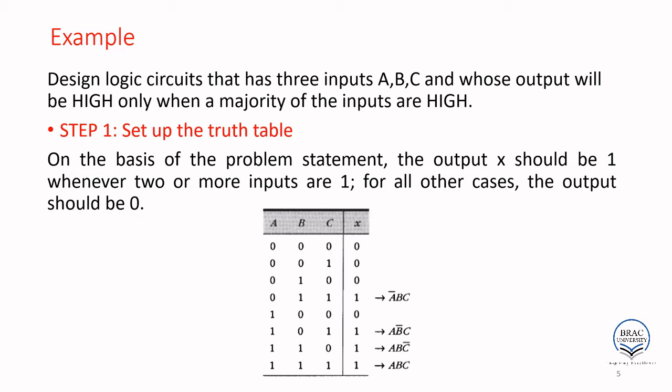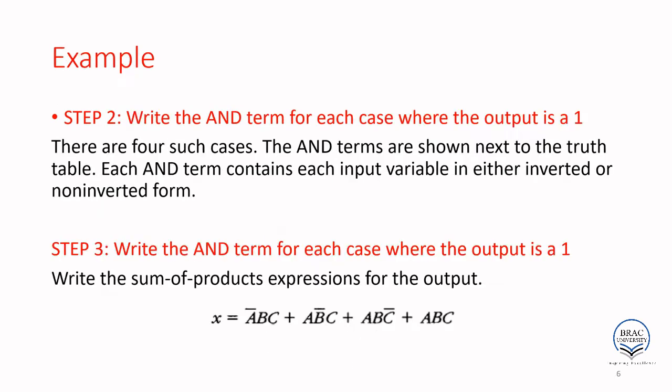If you take all of these high values and put them together using the sum expression, that will be your simplification. Write the AND term for each case where the output is high, as we already discussed, and write the sum of products expression of the output.